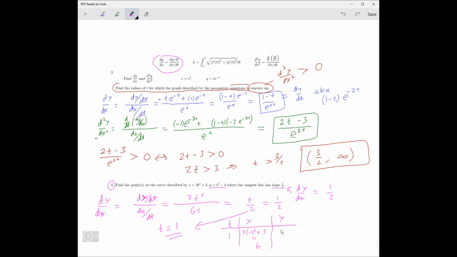And then you plug a 1 in here for t in the y, and that's going to be -3. Okay, so the answer is (6, -3). And that's the only point that's going to work. Even if you go back to here, even if you make t -1, then you still have a negative down here, so that's still not going to work.